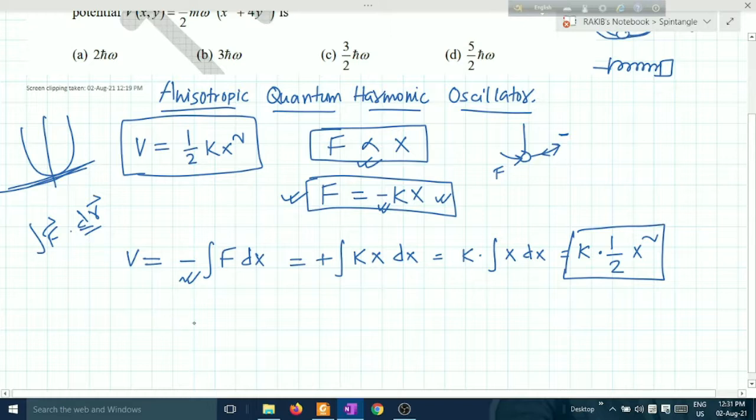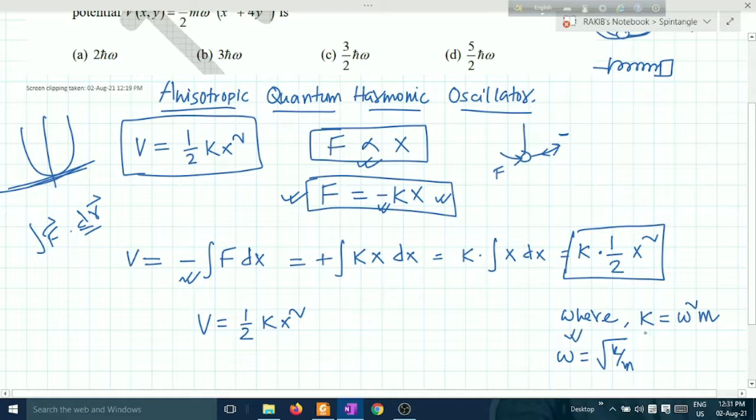Therefore this is the harmonic oscillator potential: V is equal to half kx square, where k is equal to m omega square, because omega is equal to root over k by m.